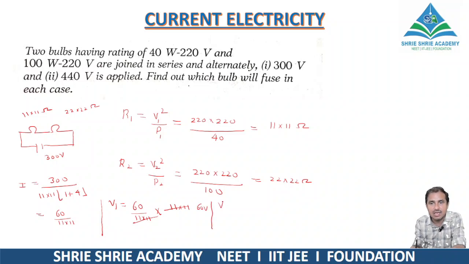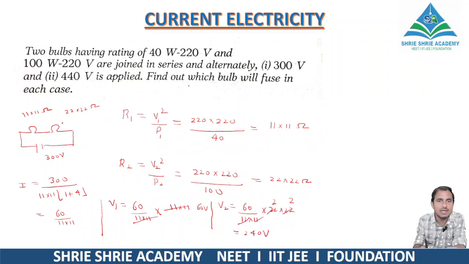Now how much voltage is the second bulb getting? Current we already calculated, 60 by 11 into 11. Resistance is 22 into 22, which is 4 times. So here you get 240 volt. Voltage drop for the second bulb is 240.